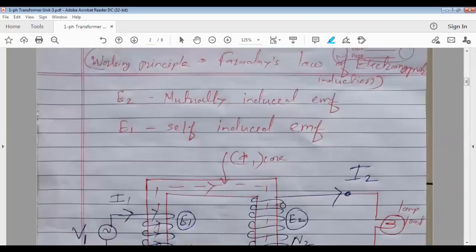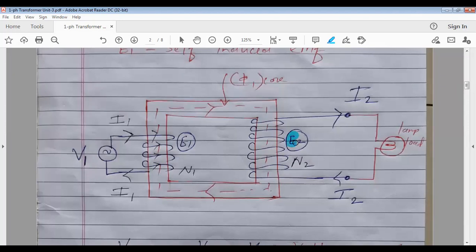Now this is about the induced EMF E2, isn't it? E2 is getting induced now in the secondary. Now what I'll do is connect one lamp across the secondary, or any load. Once you connect the lamp or any load across the secondary, is the circuit closed on the secondary?